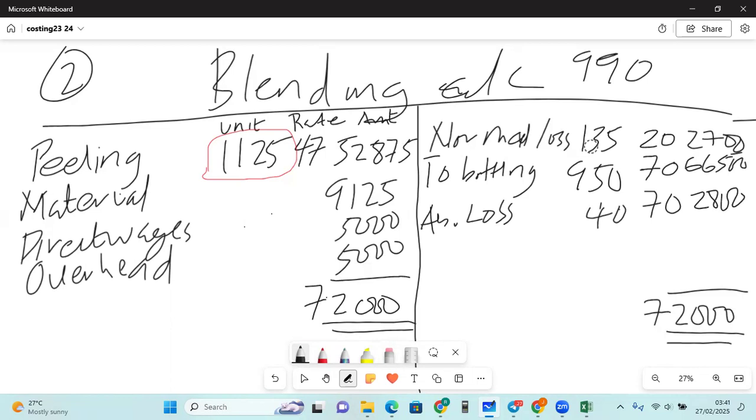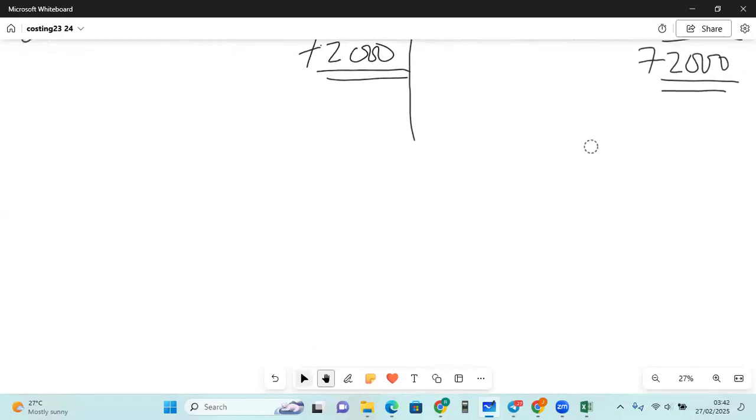All right. So you can see when you add everything on the credit side, you are going to still get the same thing. Now we are done with the second one. Let's move to the last account, the last process account.